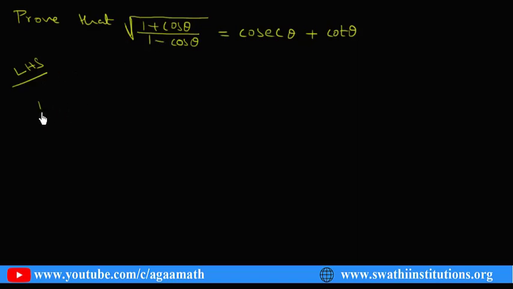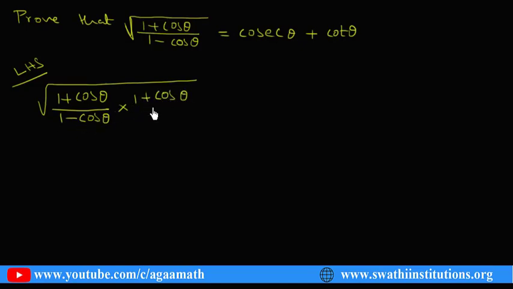LHS is under root of (1 plus cos theta) by (1 minus cos theta). So let us rationalize the denominator here. As the denominator is 1 minus cos theta, I multiply by 1 plus cos theta by 1 plus cos theta.